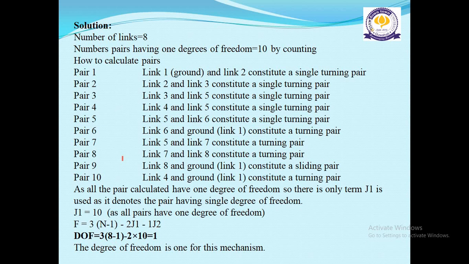If we put in the values of N and j1, the degree of freedom comes out as 3 into (8 minus 1) minus 2 into 10, which is equal to 1. So the degree of freedom is 1 for this mechanism. Clear?